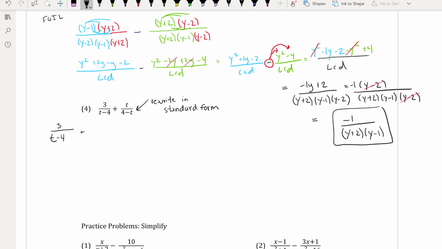So I'm going to have this as a negative t plus 4. The t was negative and the 4 was positive. Now the next thing I want to do is I want to factor out a negative.